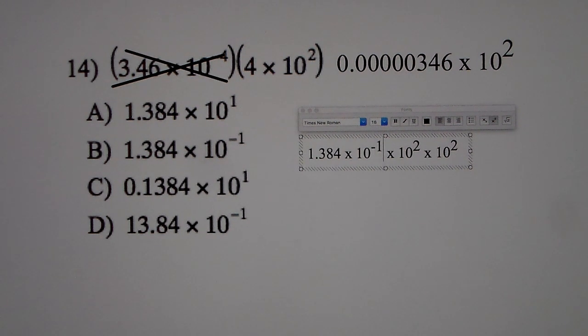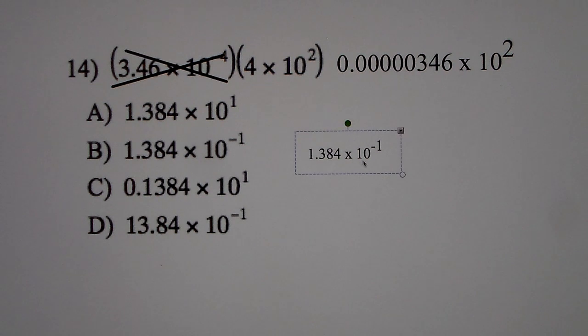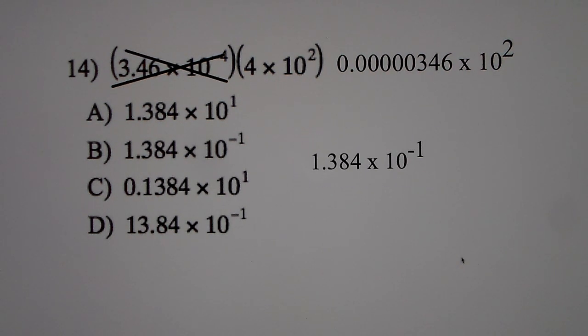So we put that in there, and so we could delete the others. We just combine like terms there. So our final answer is 1.384 times 10 to the negative 1, which in this case is B.